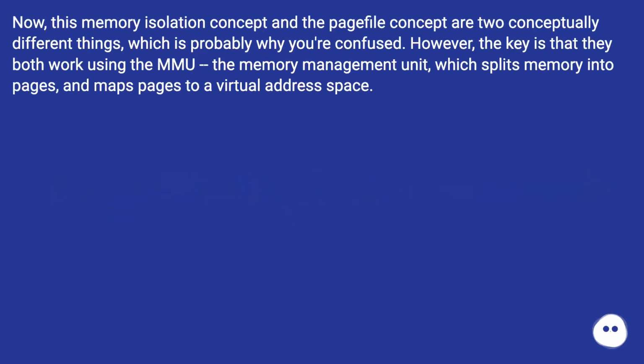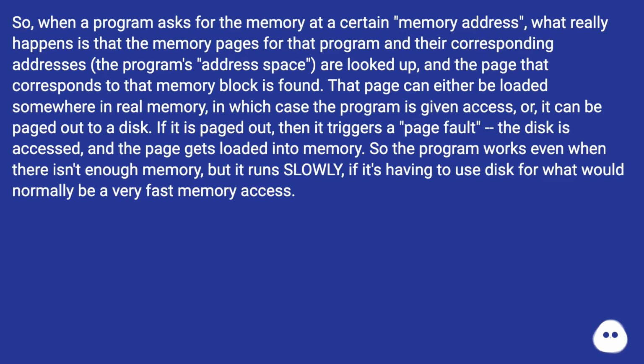Now, this memory isolation concept and the page file concept are two conceptually different things, which is probably why you're confused. However, the key is that they both work using the MMU, the memory management unit, which splits memory into pages and maps pages to a virtual address space. So, when a program asks for the memory at a certain memory address, what really happens is that the memory pages for that program and their corresponding addresses, the program's address space, are looked up, and the page that corresponds to that memory block is found.